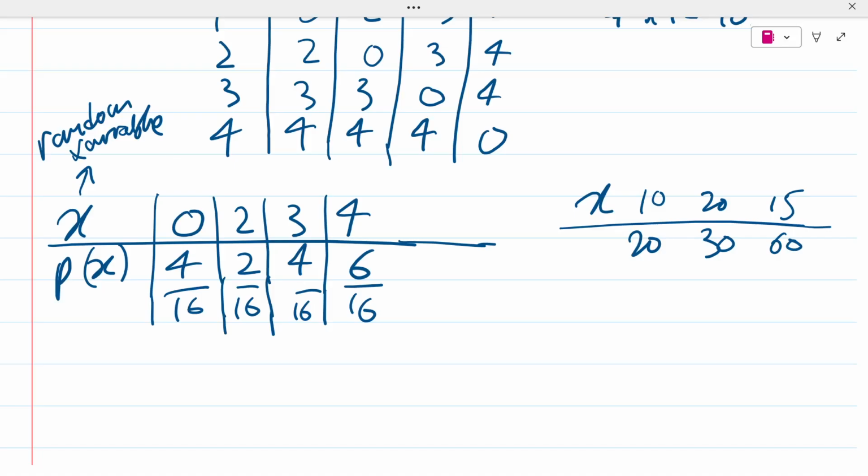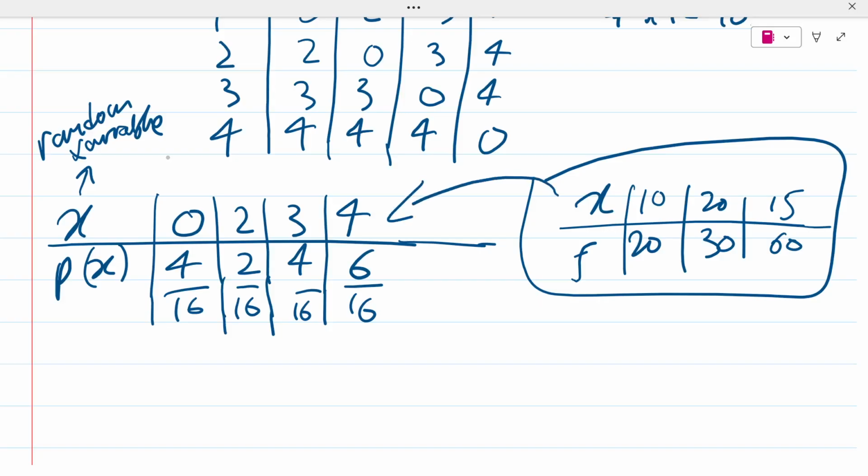Okay, 60 of the athletes from the total data had 15-meter long jumps. That would be the frequency. This is exactly what we're doing in here. It's just that we are writing it in the probability kind of form. This is why these numbers are the occurrences, and the individual probability of these occurrences appears down there.